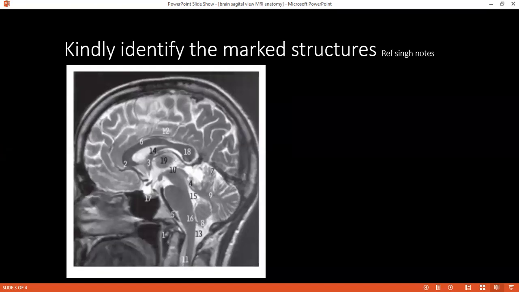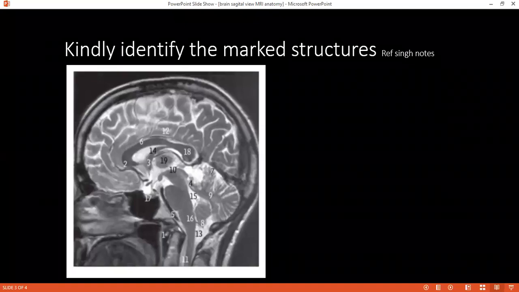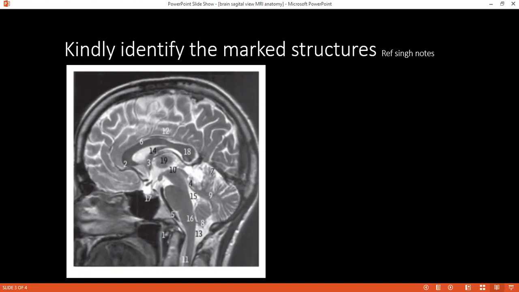Cistern is the space that collects the CSF, and it forms a transport process of CSF. Very good. Can you name few cisterns? One you have identified, 13 was cisterna magna. Any other? Interpeduncular cistern. Prepontine cistern. Yes. Lamina terminalis.